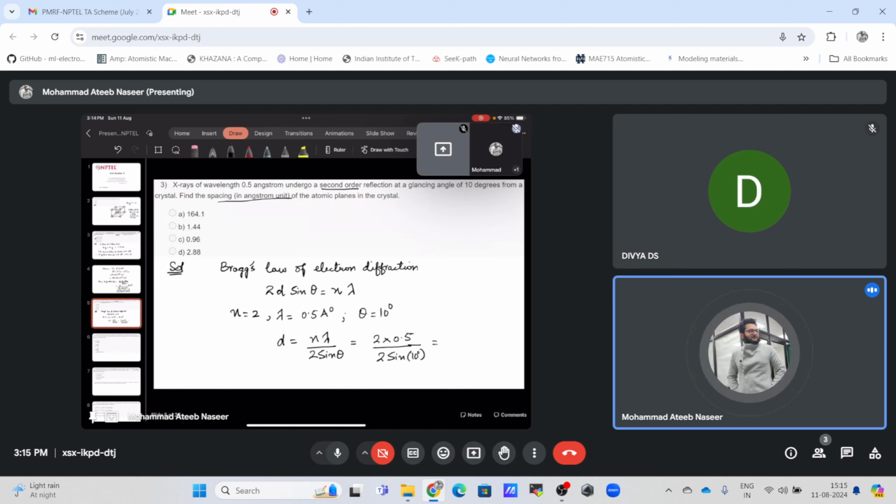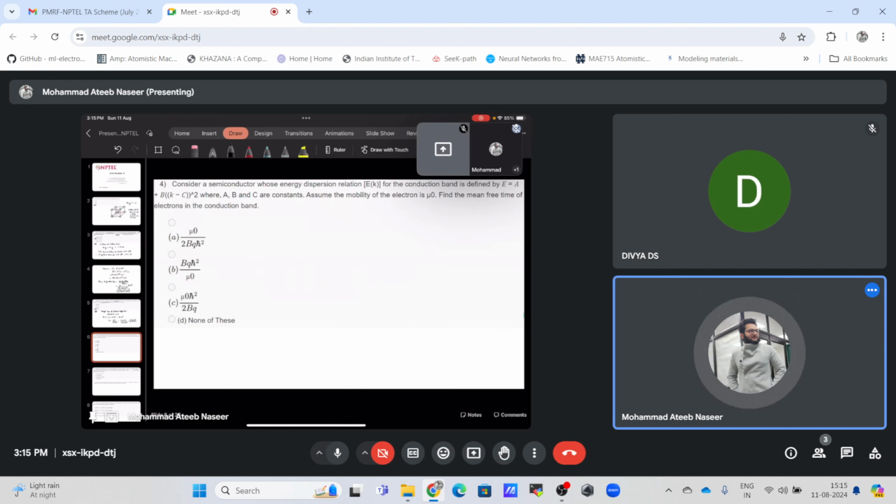Let's calculate the value of sine of 10, which is 0.1736, and 0.5 divided by 0.1736 is 2.88 angstrom. So option D is the correct one and we will select this option.